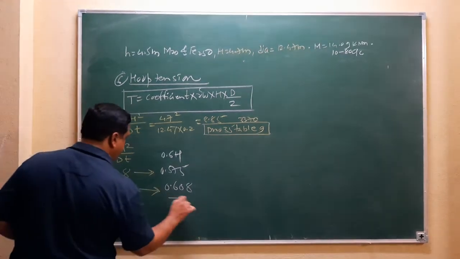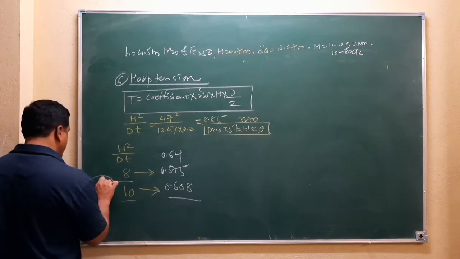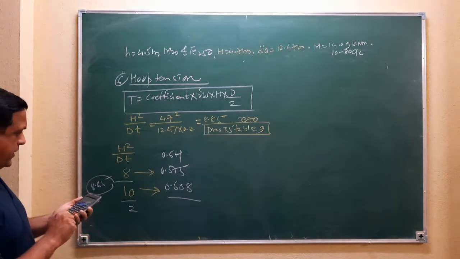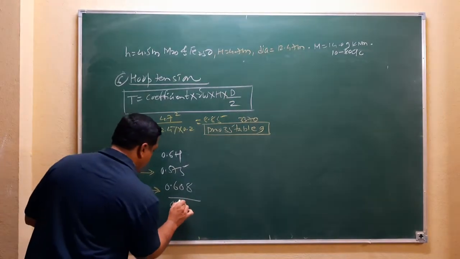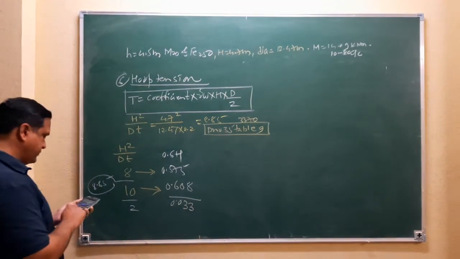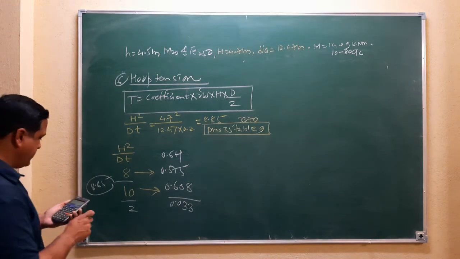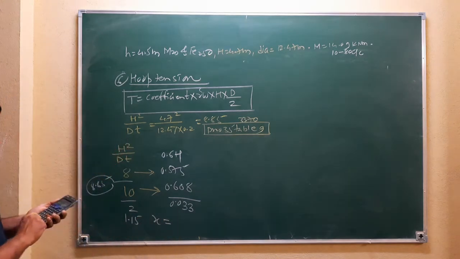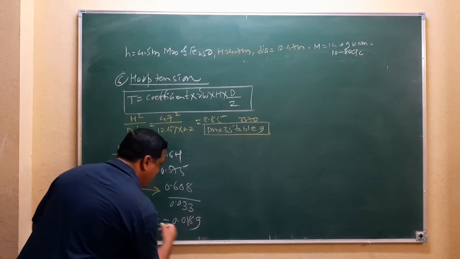You have to interpolate. So what is the intermediate value? It is 8.85 at this value. So 0.608 minus 0.575 is 0.033. 10 minus 8.85 is 1.15. What is x? 1.15 into 0.033 divided by 2, so this is 0.0189.